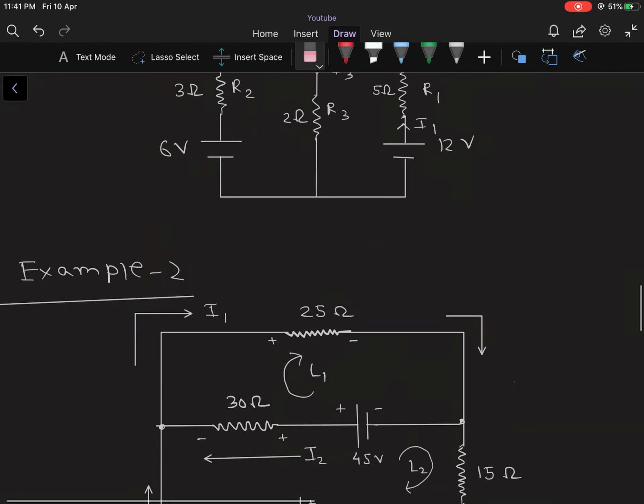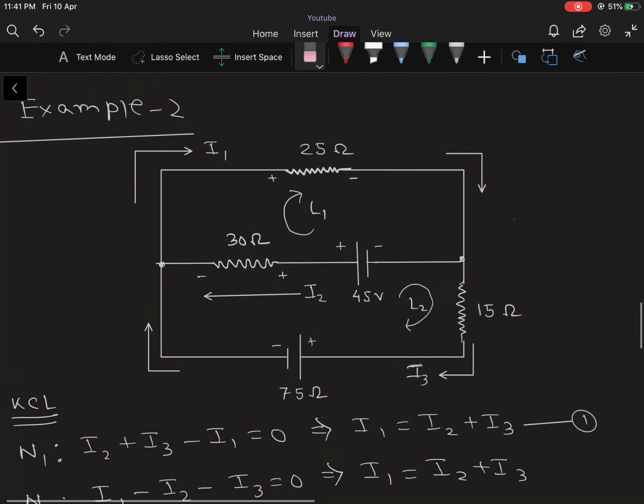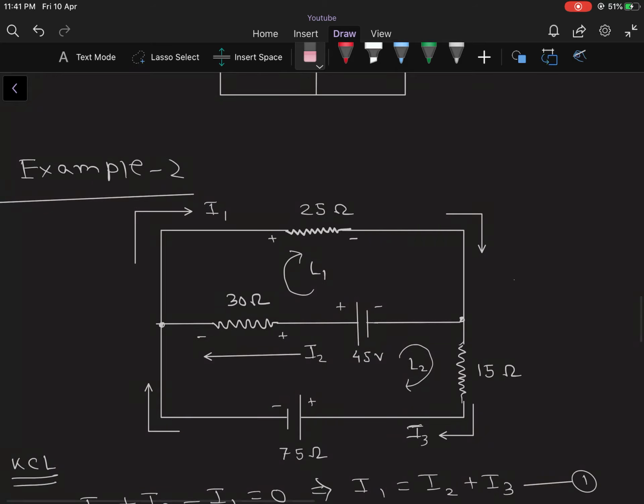Now came to our example 2. In this example, the direction of currents I1, I2, I3 is given. We have to find out the values of those currents I1, I2 and I3.